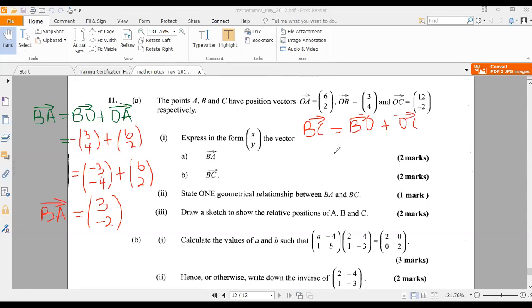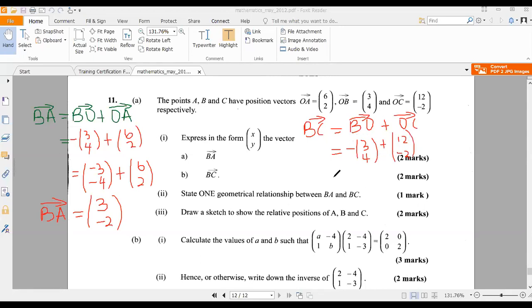Now, we want to find BO. My BO would have been opposite of OB. So this also be negative like the previous one. We put 3 and 4 plus OC. OC would have been 12 and negative 2. All right.